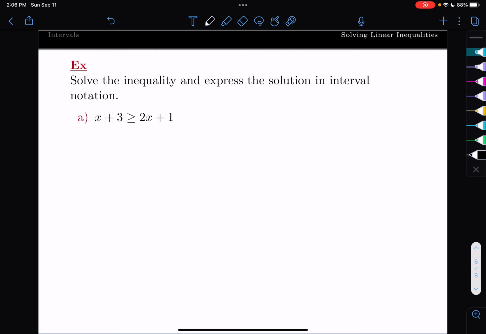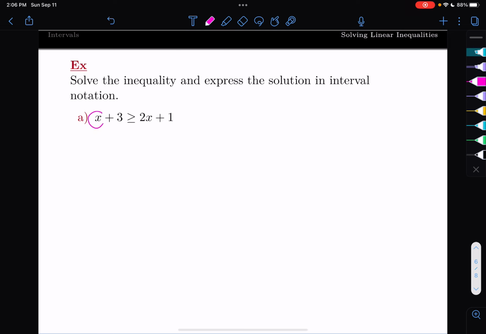So we're going to go through 3 separate examples, and for all of them we're going to do exactly the same thing. We're going to solve the inequality, and then we're going to express that solution in interval notation. So we're going to start with this first one. x plus 3 is greater than or equal to 2x plus 1. So I'm going to do exactly the same thing I did before, get x by itself.